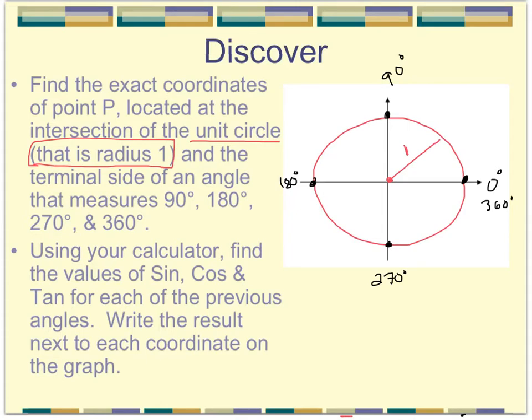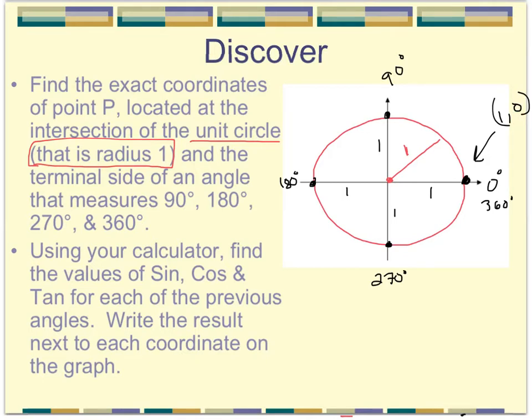Okay, so hopefully you said to yourself, well, the distance from the center to the edge is 1. So I know all of these values are 1 right here. So this coordinate at 0 degrees is going to be 1, 0. I know this guy is 0 because I didn't move up or down, and that's what y does.